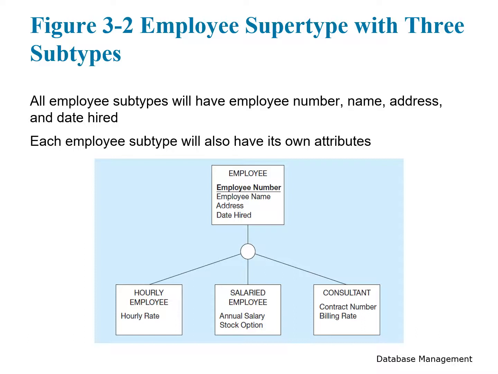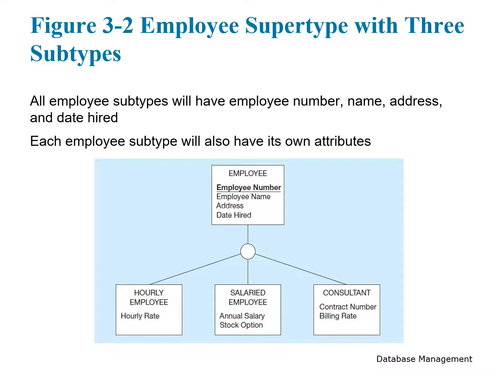It makes sense to model supertype and subtype if certain attributes or relationships apply only to a subset of the total entity type, whereas others are shared across the entire entity type.